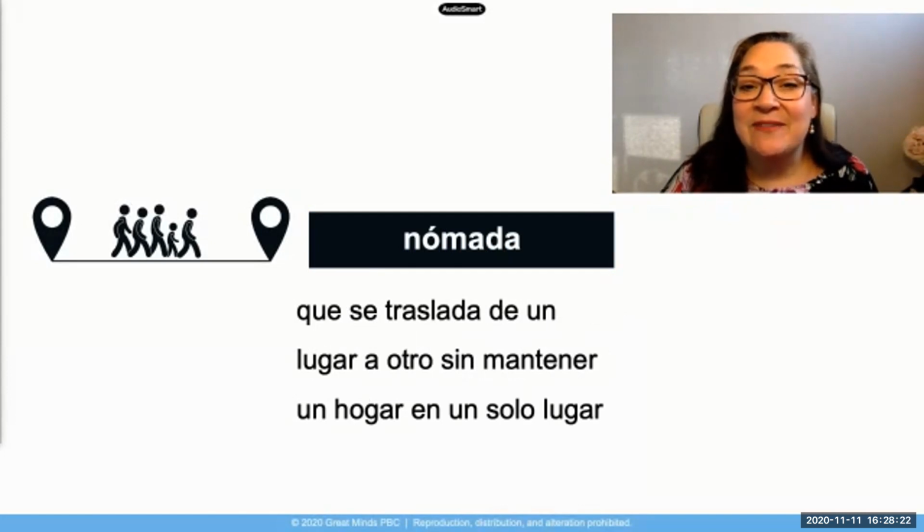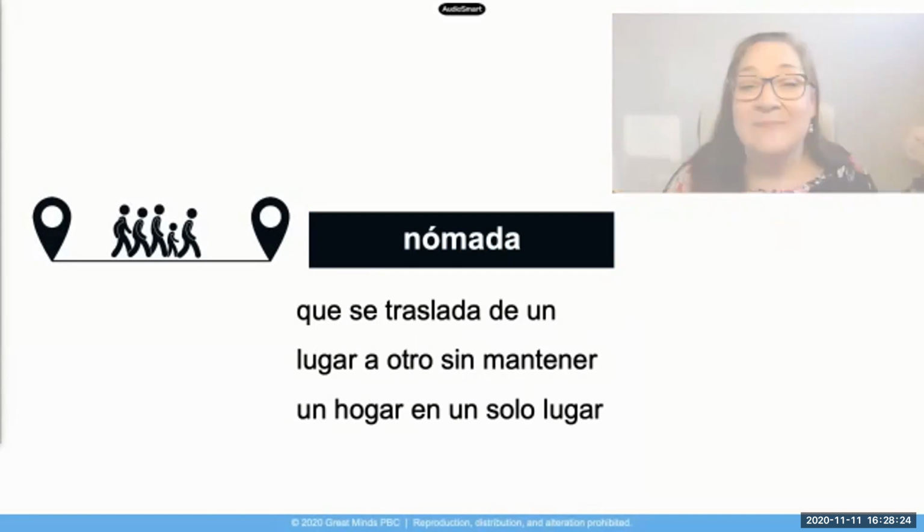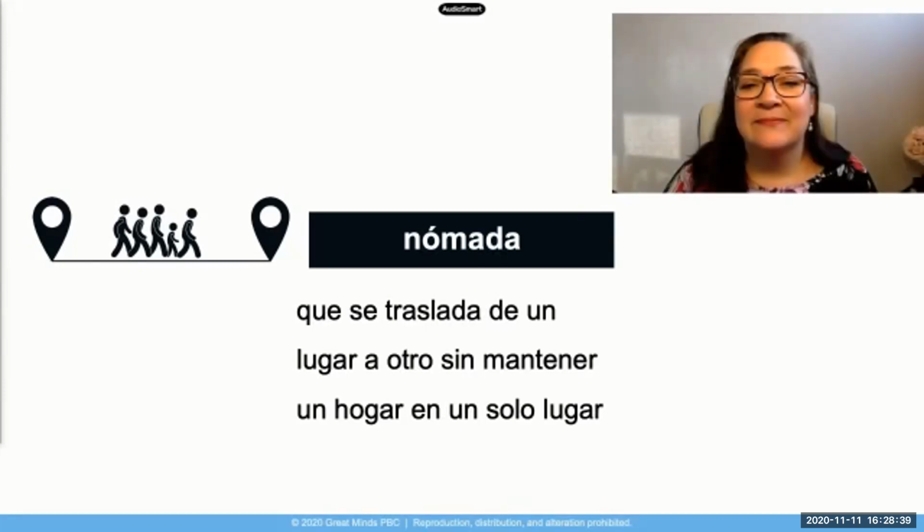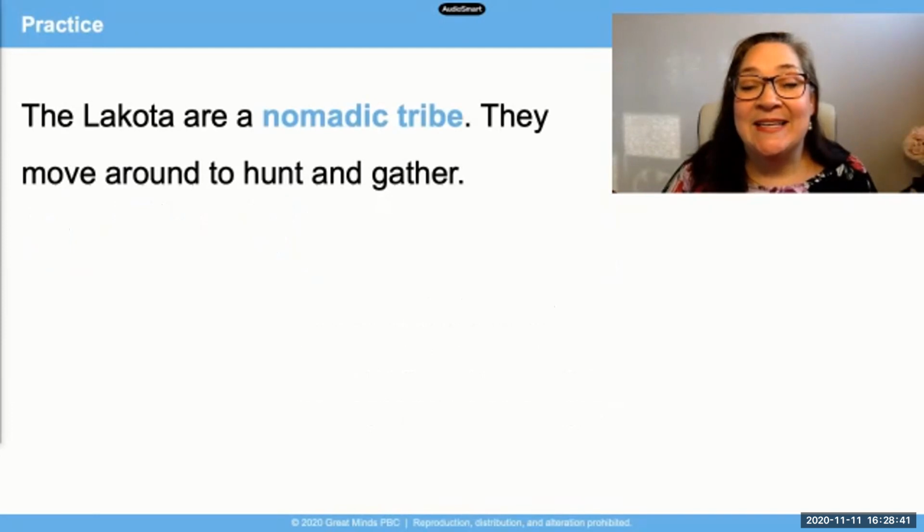Let's listen to the word and definition in Spanish. Great. Now let's practice using the words nomadic and tribe in a sentence.